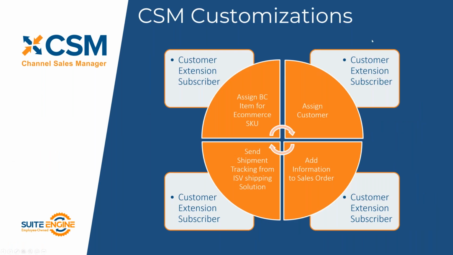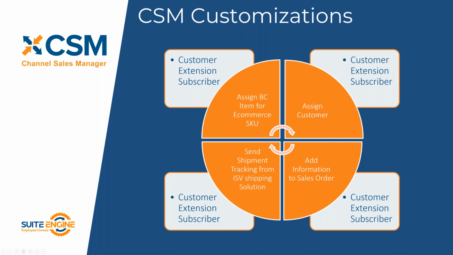So one other point before we go into questions, I also wanted to say that we've designed CSM to be very customizable. I talked about even having a code unit that could be developed that totally bypasses how CSM generates the sales order. But within all of CSM, we have a lot of published events that allow your partner, Encore, to write a subscriber application that will essentially change its behavior.